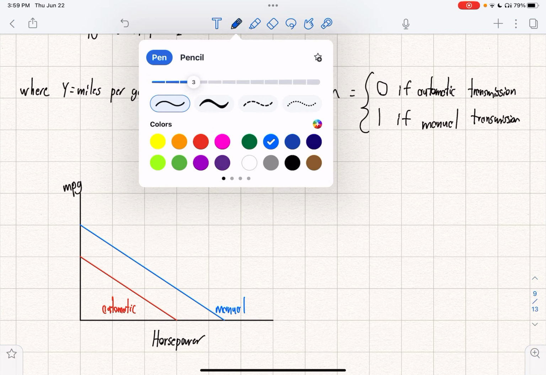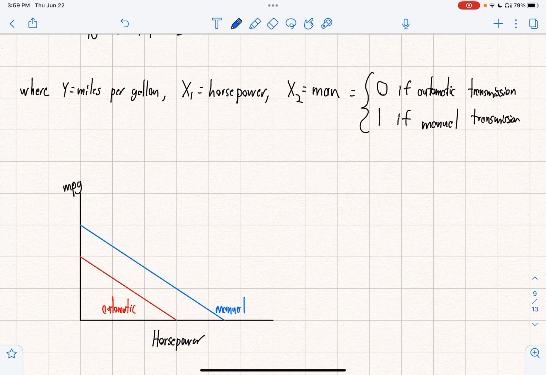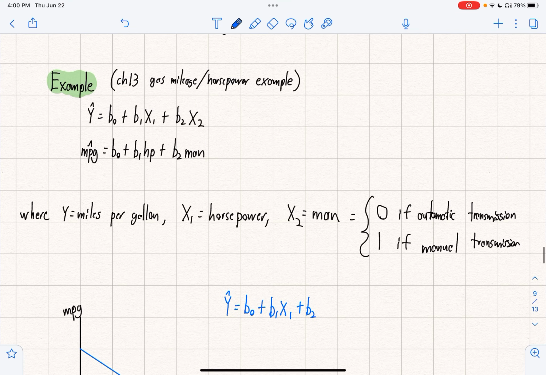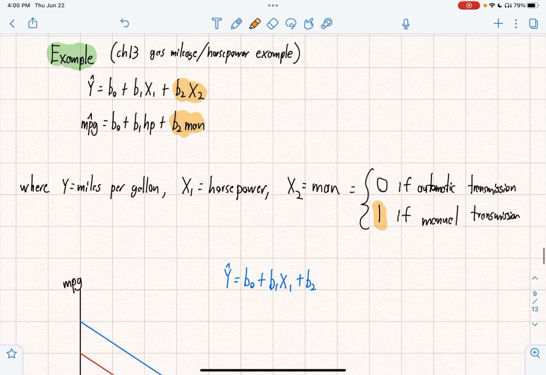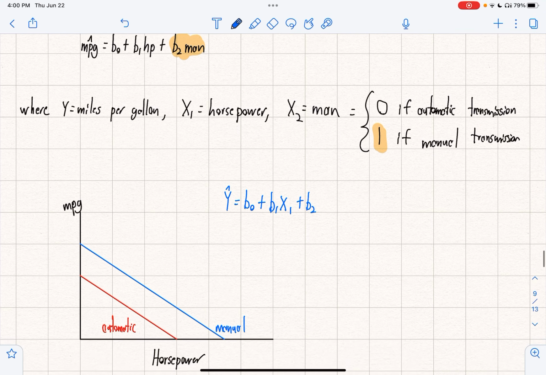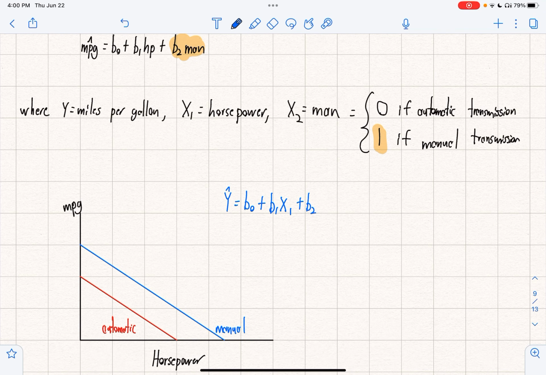Okay, so let's think about what these regression lines would look like. So for manual, we would have y hat, or miles per gallon, equal to b naught plus b1 x1, that's for horsepower, plus b2 times x2. Well, x2 is equal to 1 if it's manual, and we're talking about manual right now. So b2 times x2 in this case will just be b2.